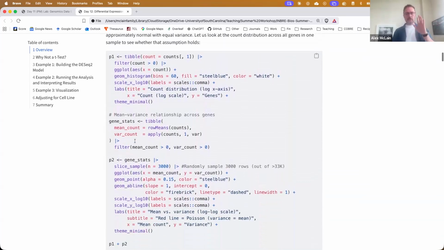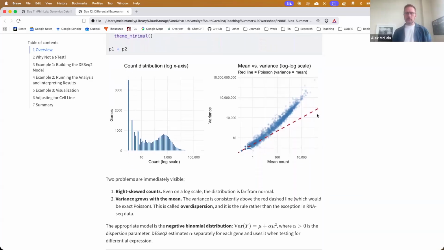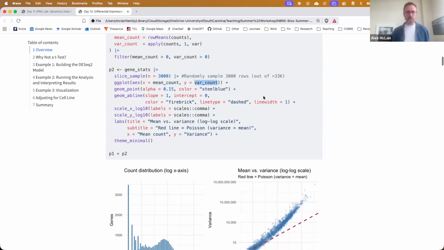The other thing is the variance and the overdispersion, and that's what we see in this right figure. This right figure is not looking at every gene. We're using this slice sample function to randomly select 3,000 genes out of 33,000, so we're looking at about 10% of the data just to demonstrate the relationship between the mean and the variance.